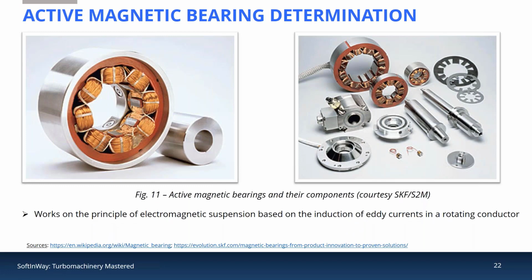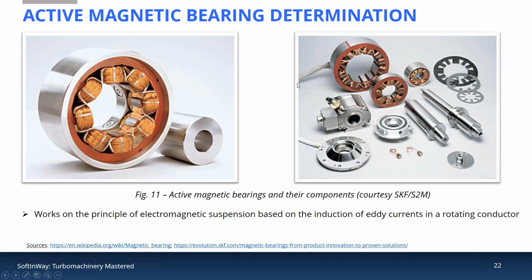So, what is the main principle of active magnetic bearing? The main idea of an active magnetic bearing is based on the electromagnetic processes. It works on the principle of electromagnetic suspension based on the induction of eddy currents in a rotating conductor. Electrical currents passing through densely wound copper coils create magnetic fields.